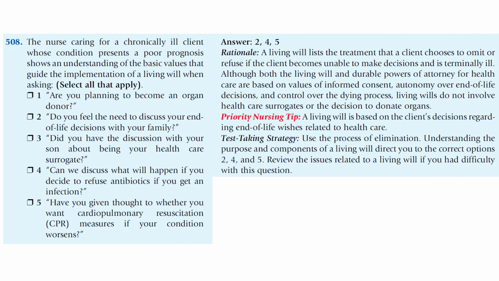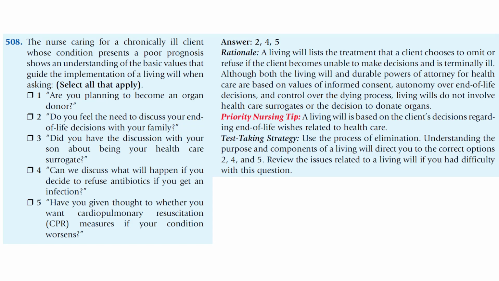508. The nurse caring for a chronically ill client whose condition presents a poor prognosis shows an understanding of the basic values that guide the implementation of a living will when asking, select all that apply. 1. Are you planning to become an organ donor? 2. Do you feel the need to discuss your end-of-life decisions with your family? 3.